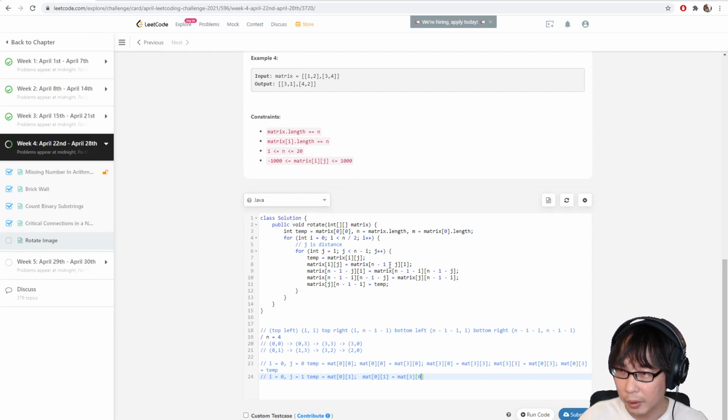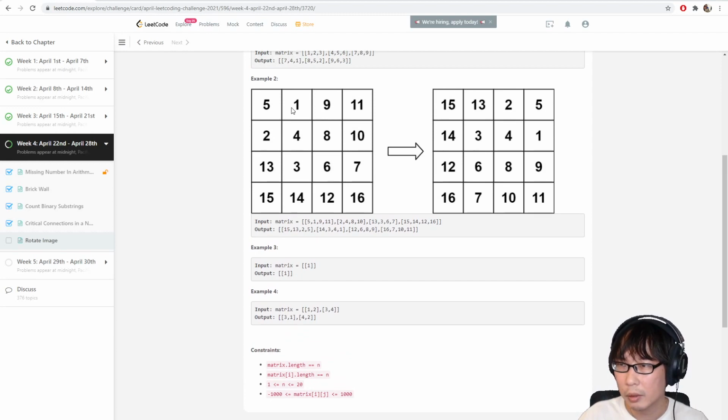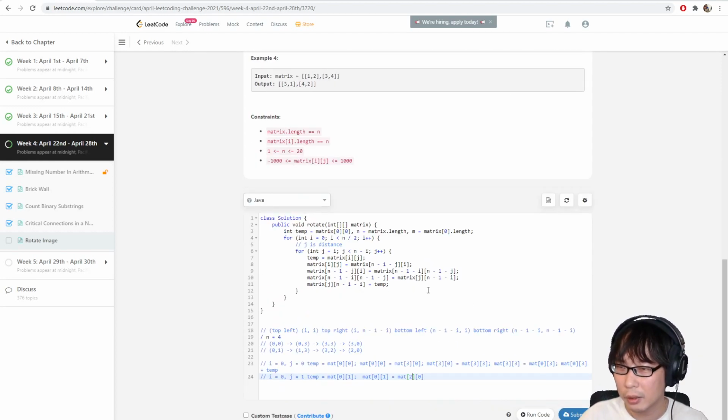This is 1, which is 2. So 2, 0 is 13. Okay, this time it looks it's right. How about the next one? Okay, I need to type. I need to be able to type. Okay. So let's check the next one.